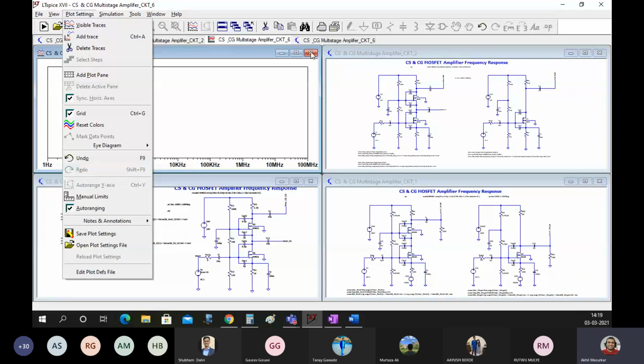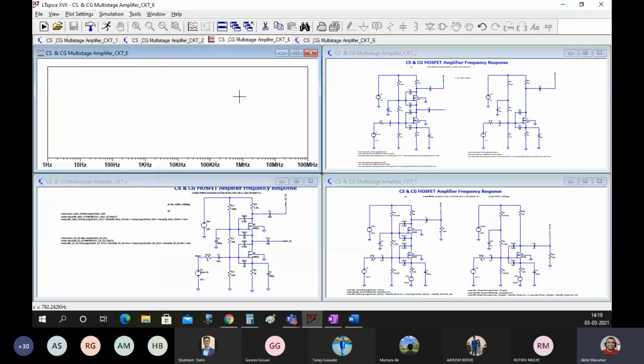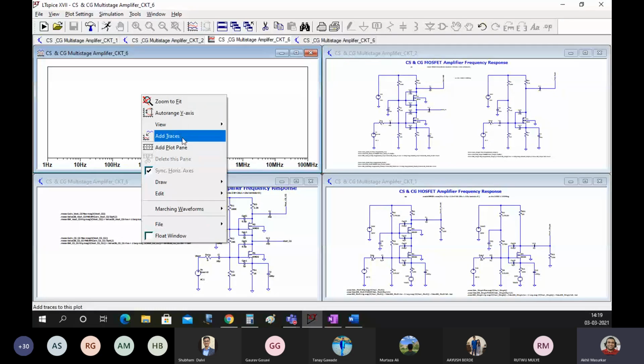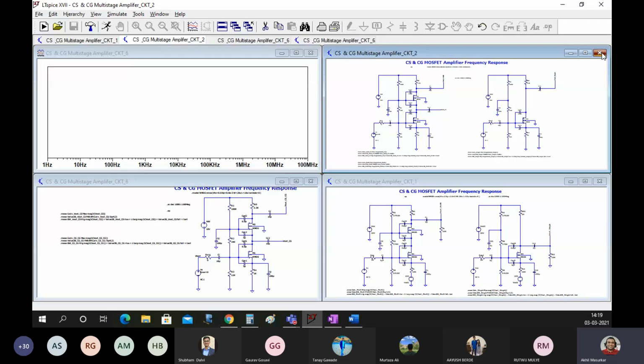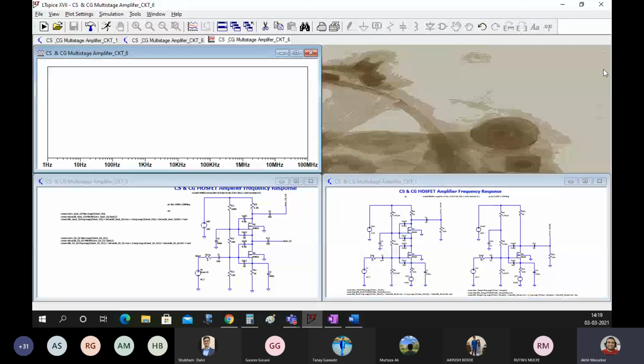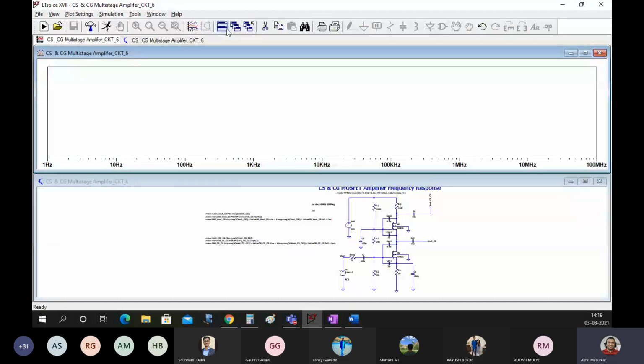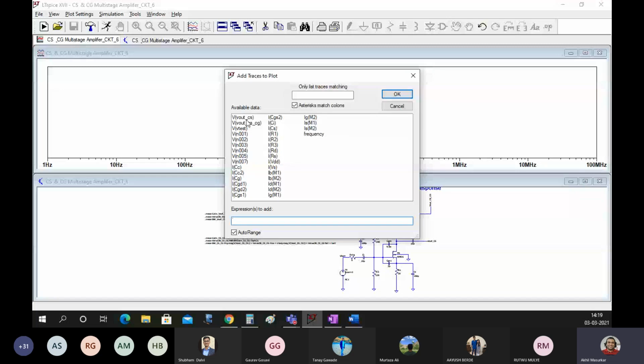So we can add a trace inside this, and first you can go to plot settings and see the SPICE error log.